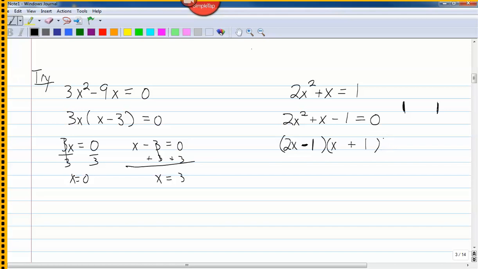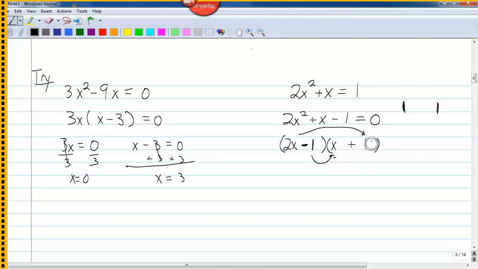Alright, so I'm going to check my answer. We know the first term gives us what we want, and we know the last term for sure gives us what we want. It's just the inner and outer terms, really. If you want to use a little bit of a shortcut when checking, just multiply the outer terms together and the inner terms together, and those will be like terms, so then put them together.